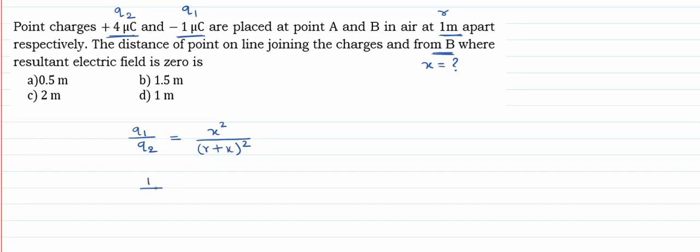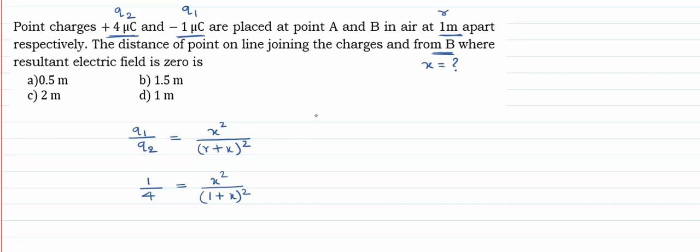So 1 by 4 is equal to x square by (1 plus x) whole square, as R is 1.